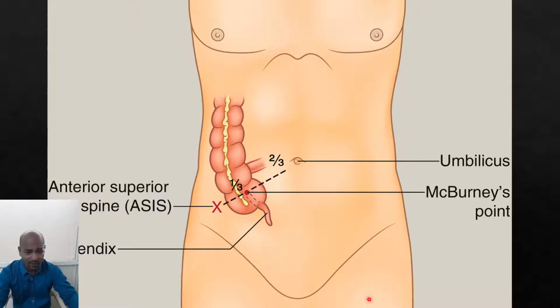The position of the appendix is dependent on your posture, and on whether the cecum is distended because of fecal loading and other factors like pregnancy. The uterus, when it enlarges, actually pushes the cecum and appendix above. So it is not a fixed position. It can vary depending on many factors.